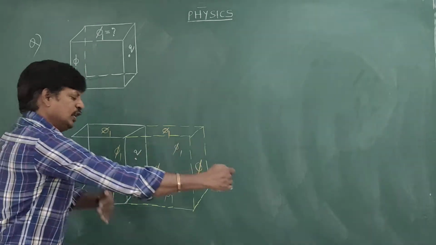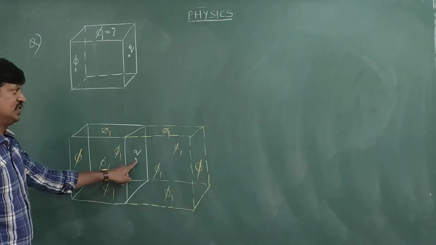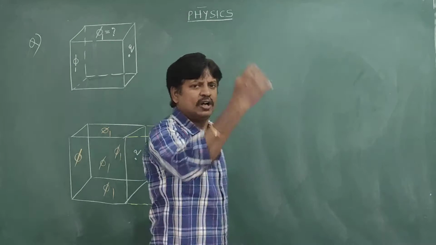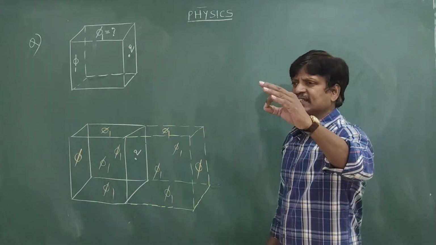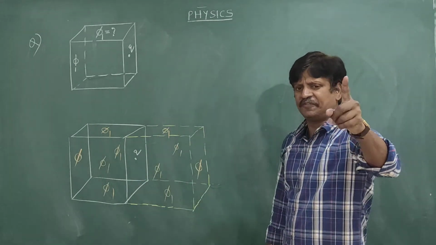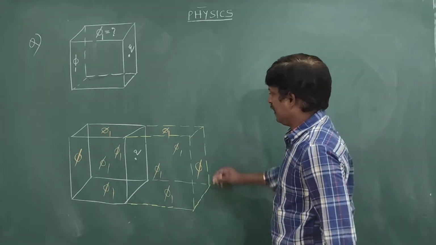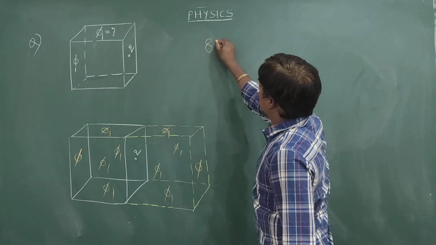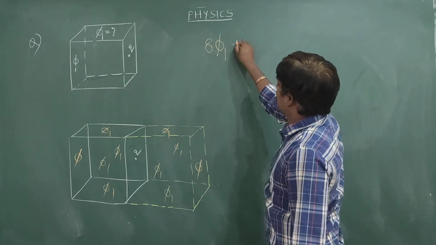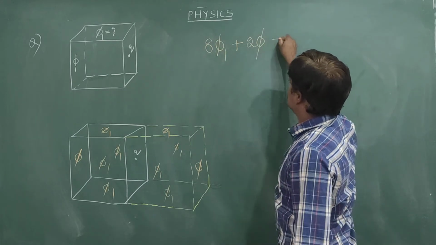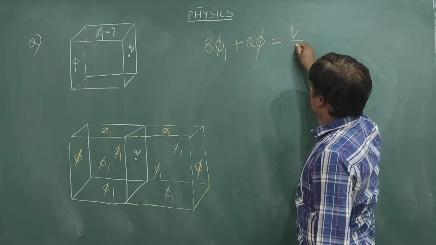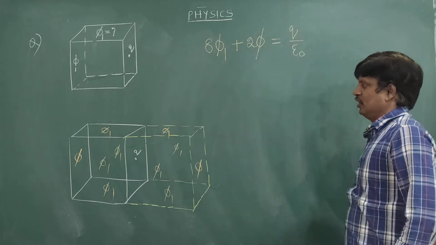And these two faces are identical to this charge. Then, according to Gauss law, flux linked with any closed surface is equal to q by epsilon naught. That means we have 8 times phi 1 plus 2 times phi is equal to charge enclosed divided by epsilon naught.